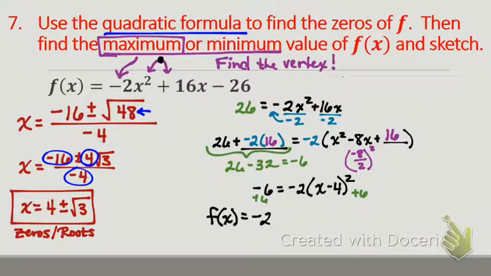So I would have negative 2 times x minus 4 squared plus 6. So I would say that my maximum happens when x is 4. What is the maximum value? 6.